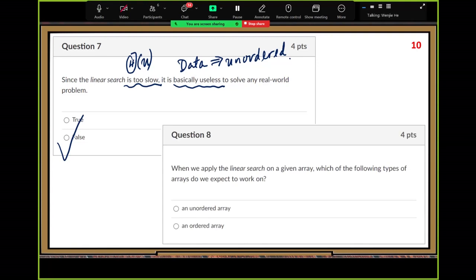Number 8. When we apply a linear search on a given array, which of the following? Unordered. Remember, in class I mentioned this point. The data could be ordered sometimes.